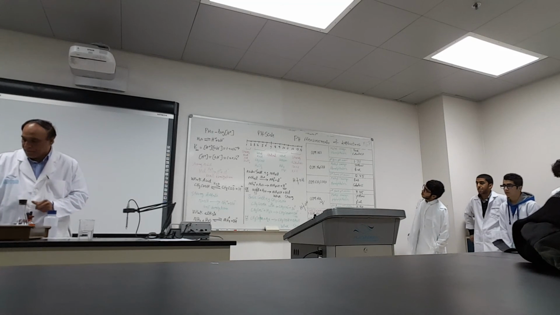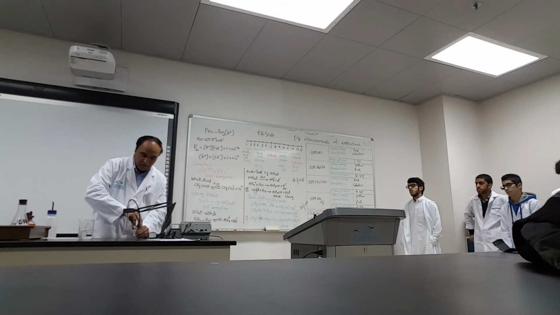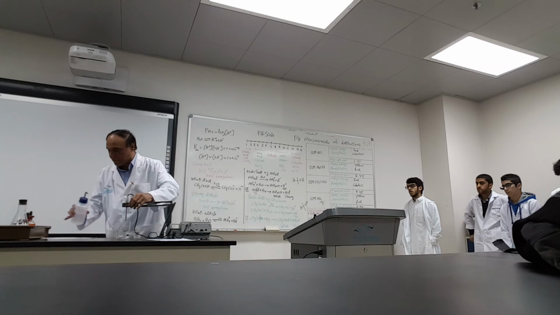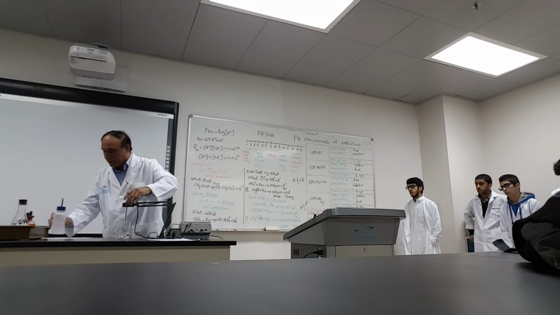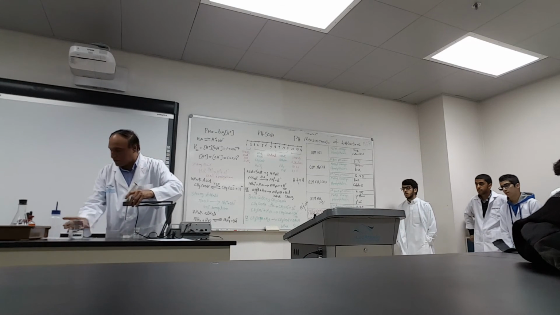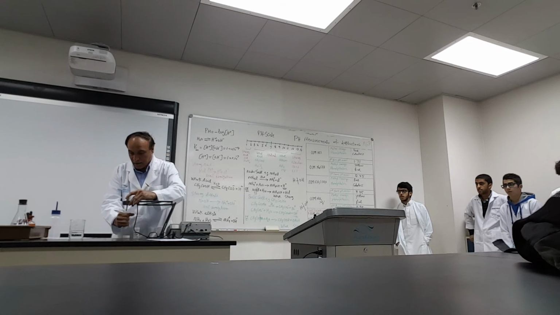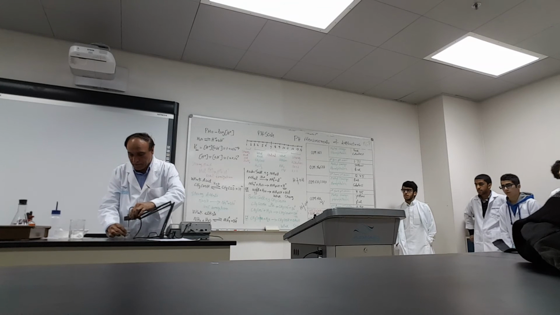Now I take acetic acid, right? What should I do? Wash it. Very good. Why should I wash? Remind me, please. Because of the acid that was there before. All right. So I take this one and I put it in. Why am I shaking?